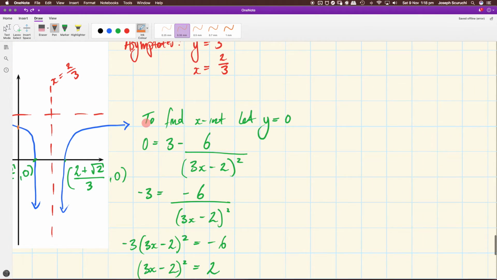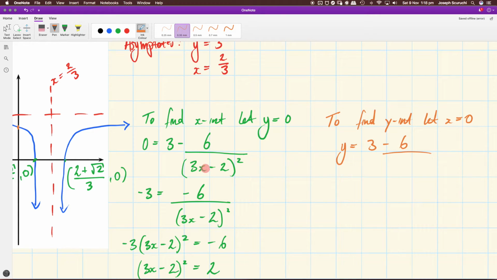Let me come over here and find the y-intercept, let x equal 0. So I'm going to have y equals 3 minus 6. If I put 0 into there, 3 times 0 is 0, minus 2. So I'm going to be left with minus 2 squared.